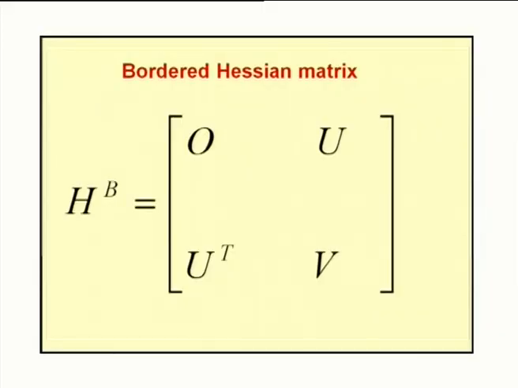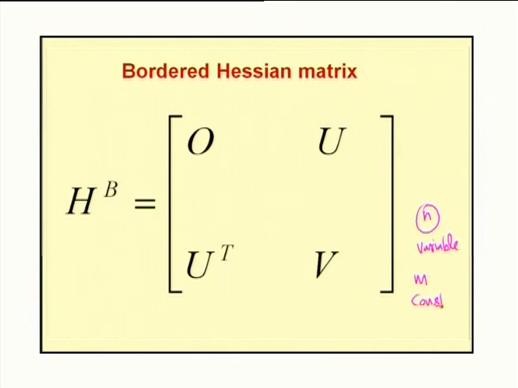With this necessary condition, now let me define the notion of bordered Hessian matrix first. Now, we are going to state the sufficient condition in terms of the bordered Hessian matrix. For that, let me define the bordered Hessian matrix first. Suppose our NLPP has an objective function in terms of n variables and m constraints, all are equality constraints.